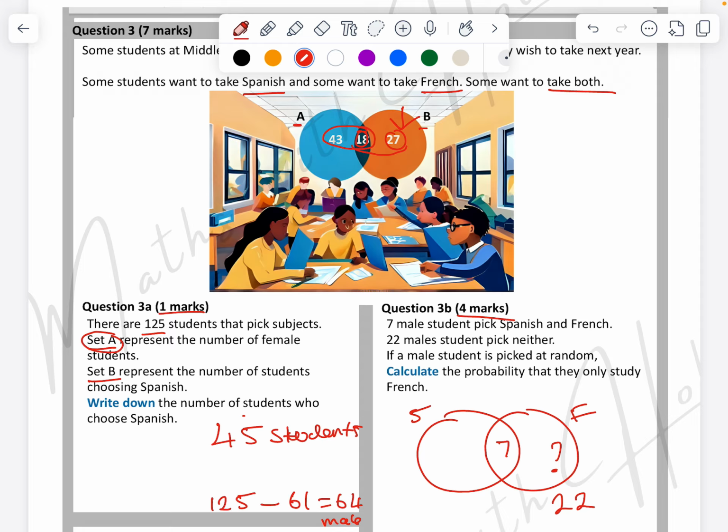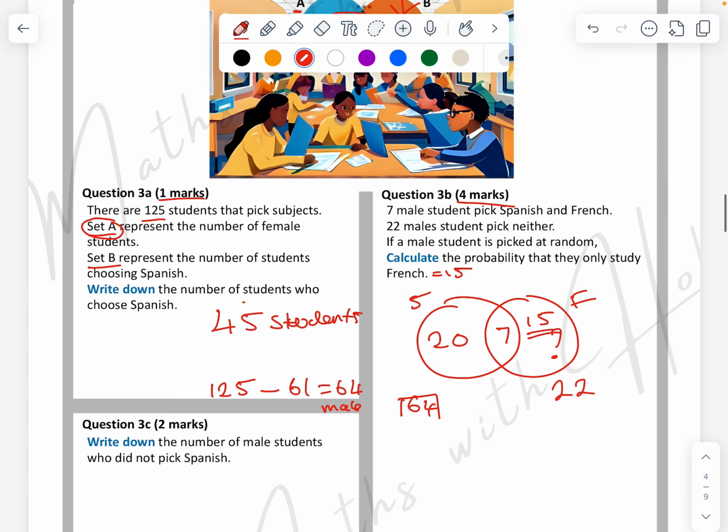So in the Venn diagram, that means 20 male students only do Spanish, because that whole circle should be 27. Now, if I add these together, I know that it has to equal 64 male, but it doesn't. So whatever is left over goes in the French, which is 15 students. Okay, so 15 students in this question only do French.